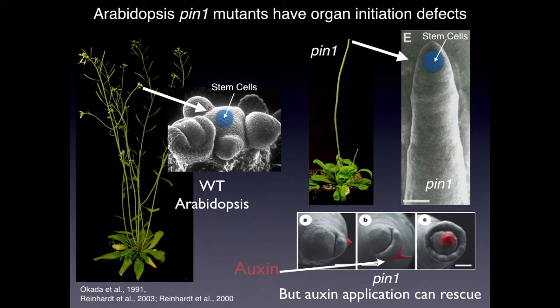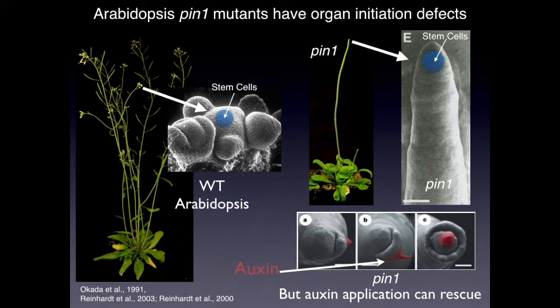Okay, so here's Arabidopsis, this very common plant model. Here is the inflorescence meristem. There's the stem cells. This mutant is actually the namesake of PIN proteins because of this very dramatic phenotype. This is Arabidopsis pin1. It's a pretty much complete inability to make lateral organs. This meristem is barren. It's not making any of these lovely flowers or primordia as before.